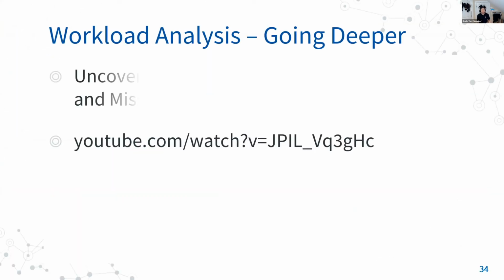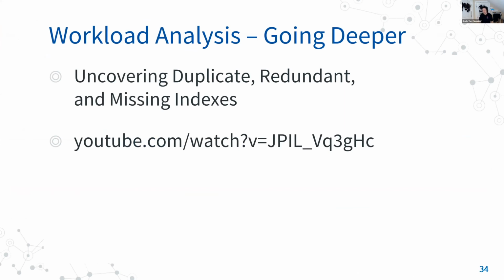Oh, whoops, I goofed up the animations on this slide. One of the changes I made earlier today. As I just mentioned, there is an older session out there about duplicate, redundant, and missing indexes. Here is the URL for that. All of this will be up on my GitHub shortly. I'm going to package up the latest and greatest that we just finished and publish it there, including this URL.